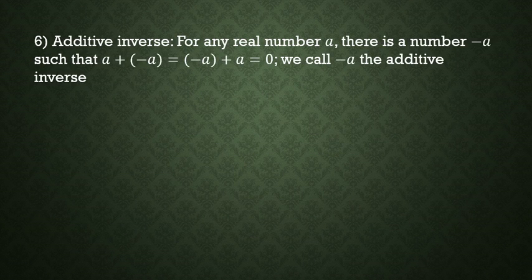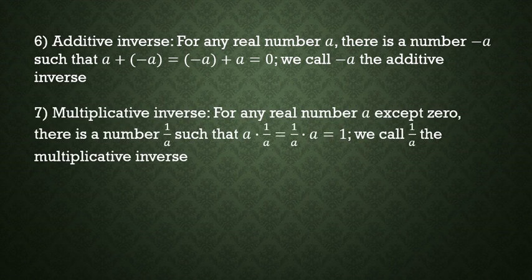We have, for every real number in here, an additive inverse. For any real number a, there is a number minus a, such that when you add these numbers, you get the additive identity 0, and this number minus a, as we said, we call the additive inverse. Seven, there is a multiplicative inverse for every real number except the additive identity, except for 0.